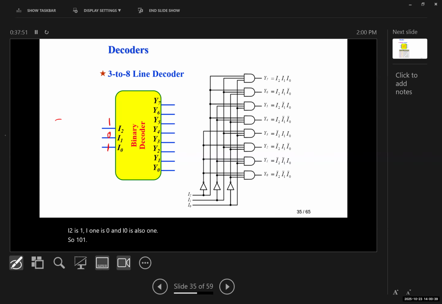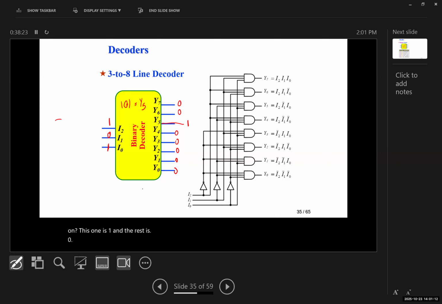I want you to determine which output is turned on, and I want you to also solve it on the circuit as well. So the inputs are 1, 0, 1. Which output is 1? Perfect. So 1, 0, 1, if we convert it to decimal, is equal to 5. So Y5 would be turned on. This one is 1, and the rest is 0.